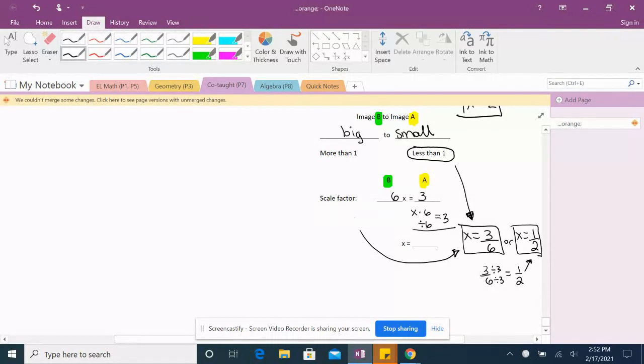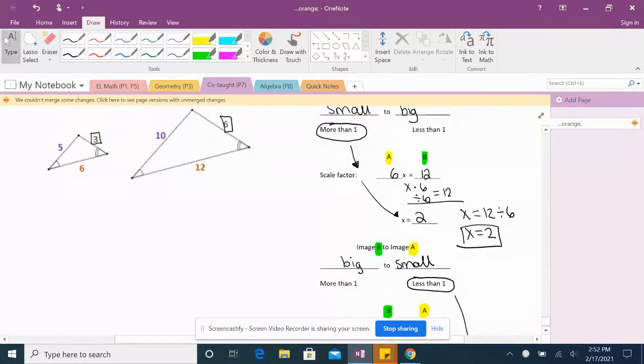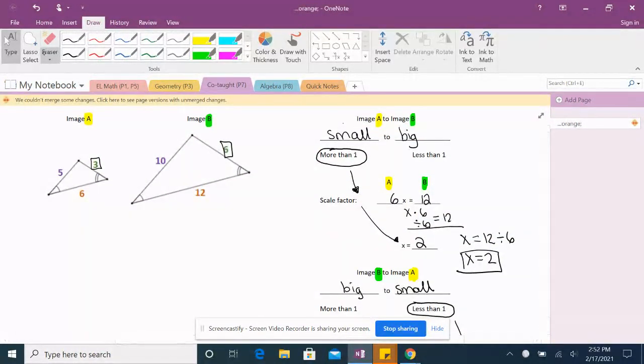So recuerdas cuando puede dividir ambos números por lo mismo número, tenemos una fracción más reducida. Entonces, 1 sobre 2. So this means that if we took 6 and multiplied it by 1/2, that is equal to 3.